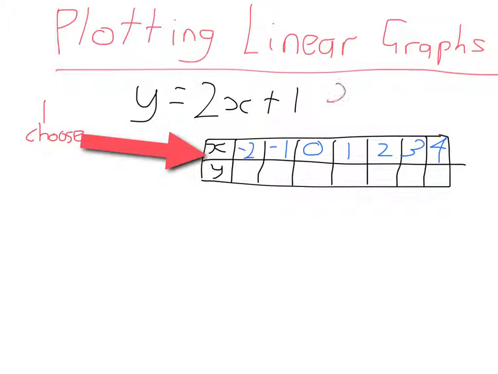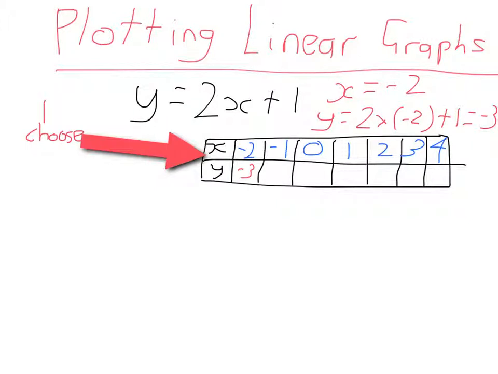If x equals minus 2, then y is 2 times minus 2, plus 1, and on your calculator you should get minus 3. So when x is minus 2, y is minus 3.